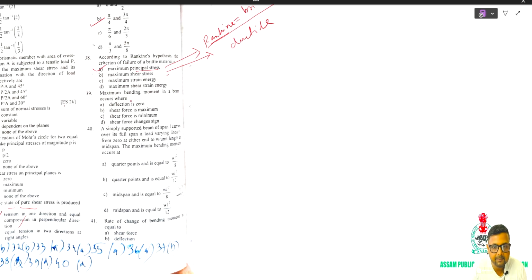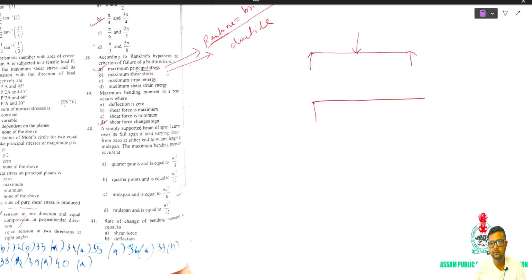Next question: the maximum bending moment in a beam occurs where the deflection is zero, shear force is maximum, or shear force changes sign. Obviously, this is the answer: shear force changes sign. But there is a point that I would like to mention here.